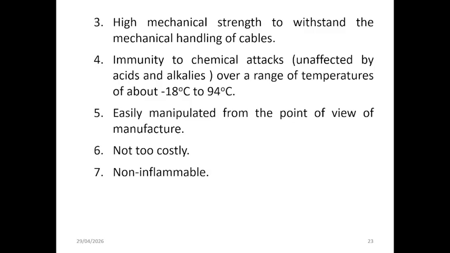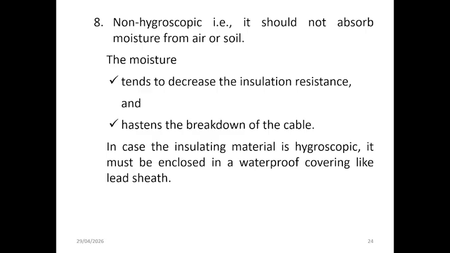In addition, it should be easy to manufacture and process, cost effective, and non-inflammable to ensure safety in operation. Especially it should be very non-inflammable in flammable environments like companies, oil industries.